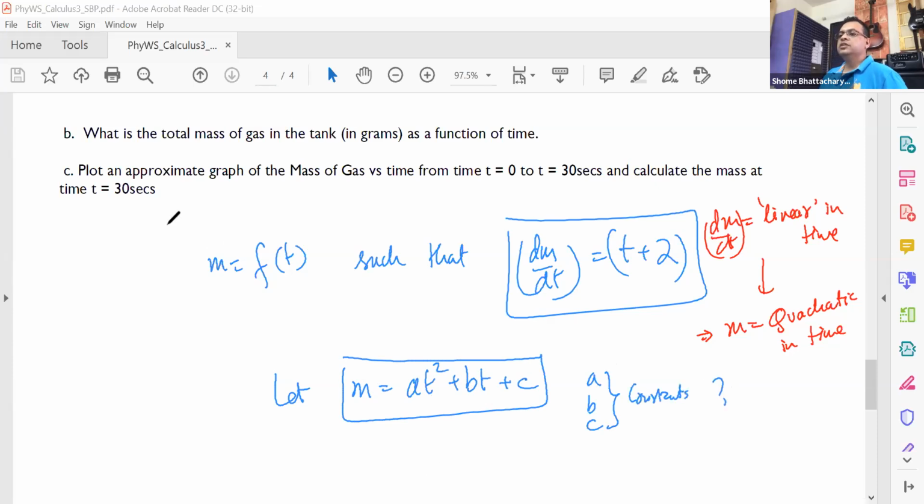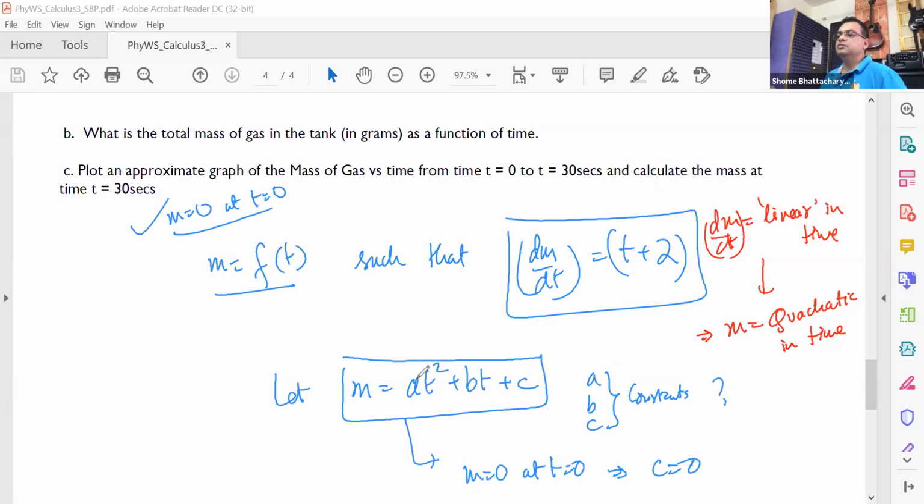Okay. Now the first information even before this that I had was that m is equal to 0 at t equal to 0. So use this information now. So this is such that m is equal to 0 at t equal to 0. So that tells me, okay, c must be 0. Okay.